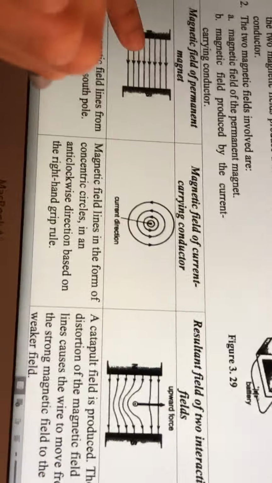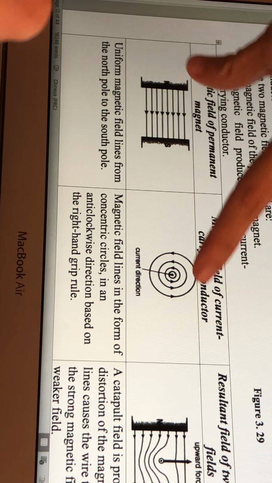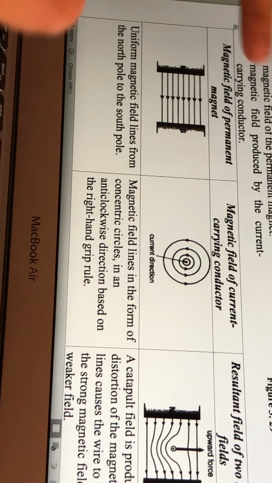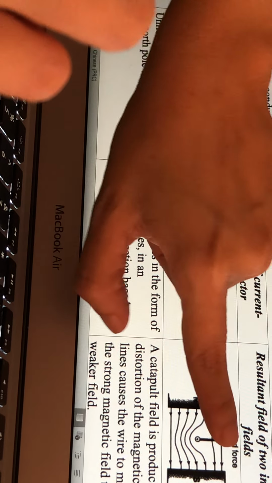When you combine this one and this one together, what happens? You will see that in this area the fields weaken each other, because this one is pointing to the right and this one pointing to the left, so they cancel out. It becomes weaker.